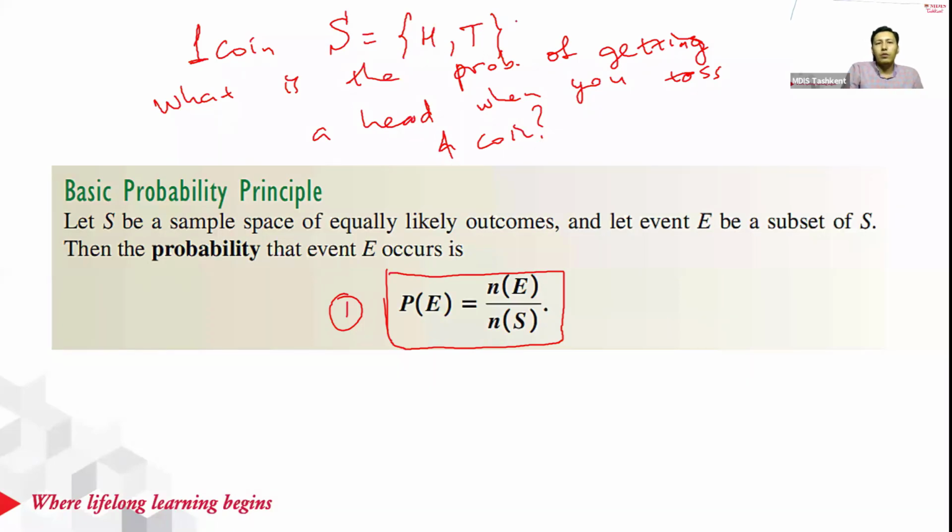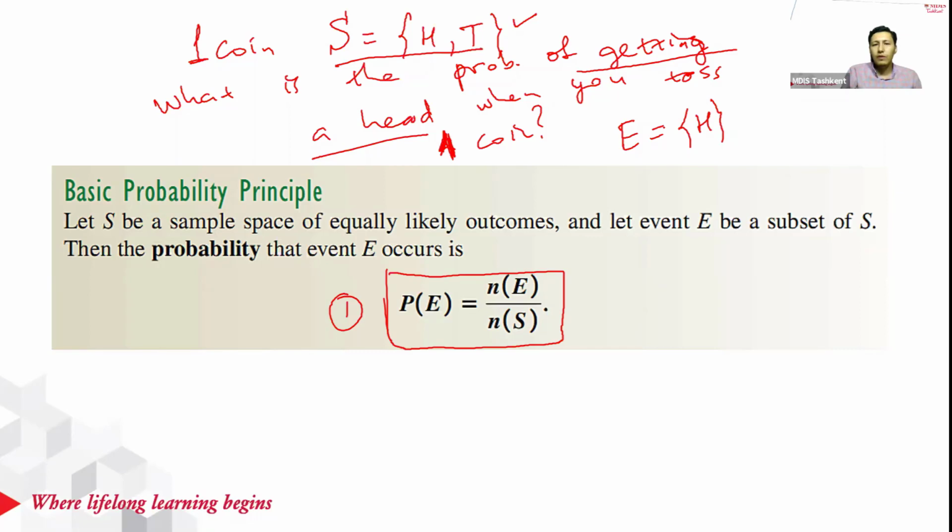So first you should find the sample space, that is all the possible outcomes. If you toss one coin, you may get head or tail. Then the event, the probability of getting head. So the event is about getting what? Head. Understand the sample space and event?